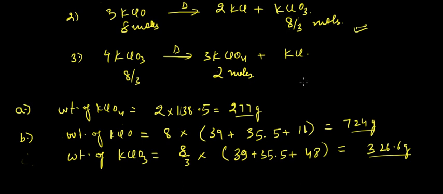Similarly, the second part asks us to calculate the weight of KClO4 produced when 69.23 grams of Cl2 is used. That part is for your homework: calculate how many grams or moles of KClO4 would be produced if 69.23 grams of Cl2 is used.